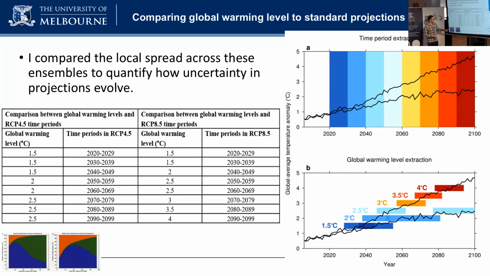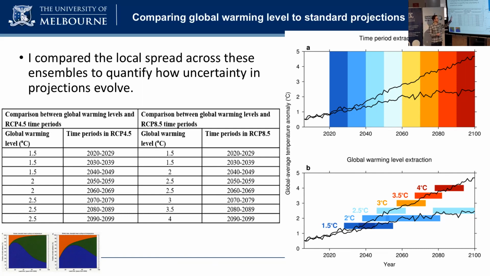And as I was saying before, the ensemble spread in these different ensembles is composed of different elements of these uncertainties. So in the time periods, we have uncertainty due to internal variability. We have uncertainty due to, no, not uncertainty due to scenario. I've controlled for that. But I do have model uncertainty related to both climate sensitivity and the pattern of warming.